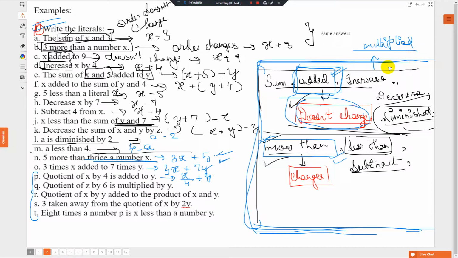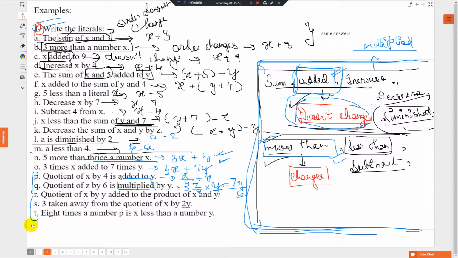Multiplied by y means it does not change. So z by 6 into y, which gives zy. So we got zy by 6.